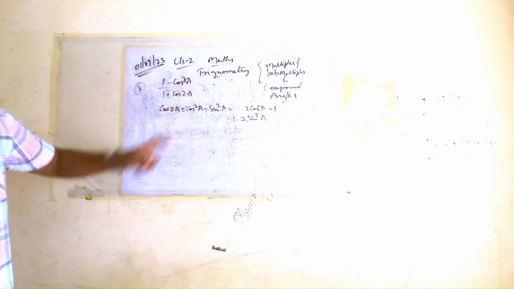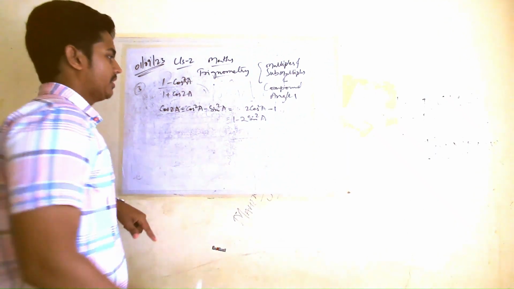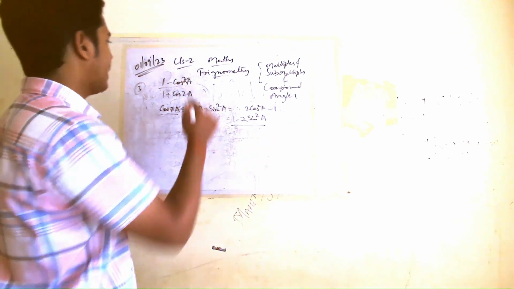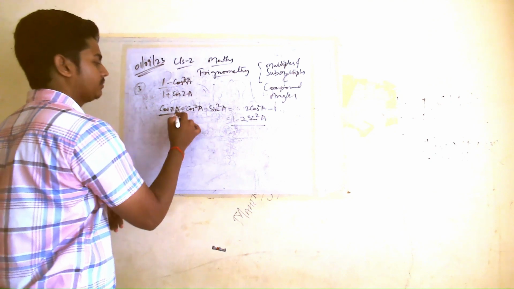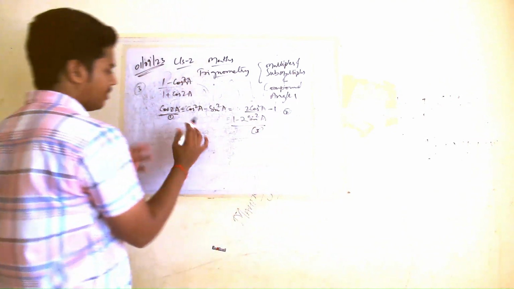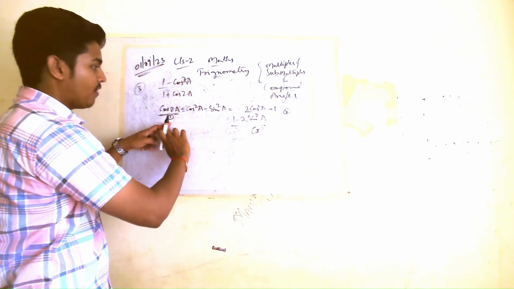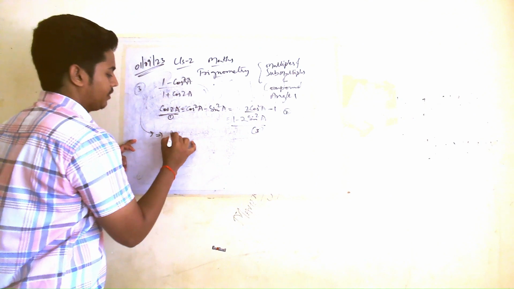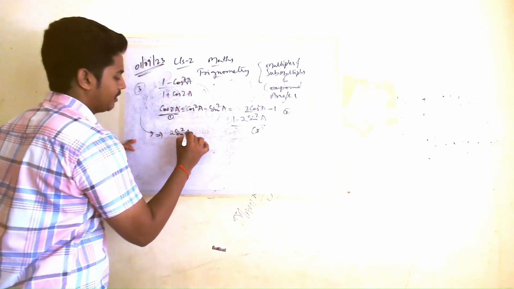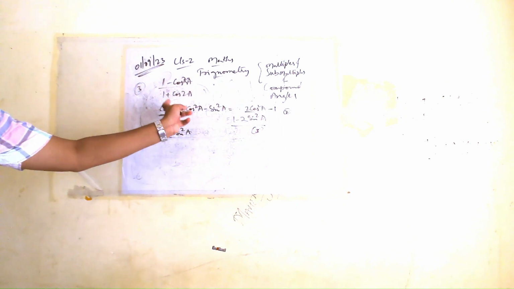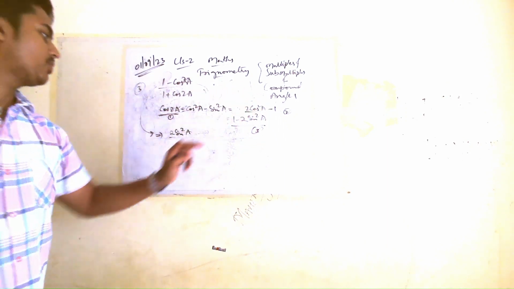Now he is asking 1 minus cos 2a. So in these two formulas, which formula should we apply in the numerator? We will go with this one. Let this be our 1, let this be our 2, let this be our 3. So if we compare 1 and 3, 1 minus cos 2a will become 2 sin square a. And if we compare 1 and 2, 1 plus cos 2a becomes 2 cos square a.